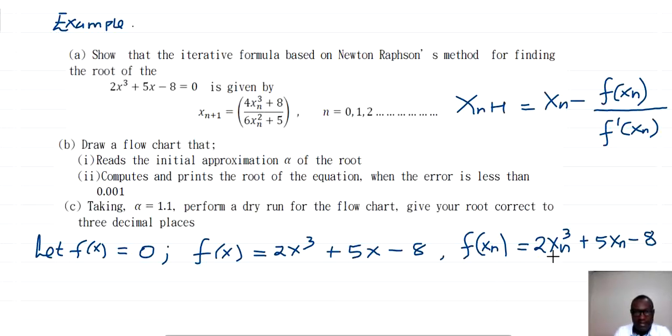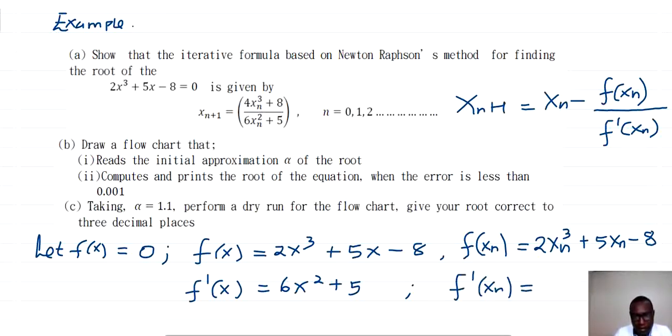Here we have discretized it. We need to come up with f'(x_n). Now we have to differentiate this continuous function, so we shall have f'(x) giving us 6x^2 + 5. Discretize this, we shall have f'(x_n) equal to 6x_n^2 + 5.